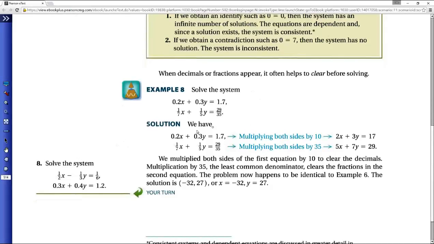Now, when I get into fractional stuff, remember when we talked about solving equations, one of the things that's easy to do, if you have a fractional equation, a nice strategy is to clear the fractions by multiplying both sides by the common denominator. Now we have two different representations of fractions here.